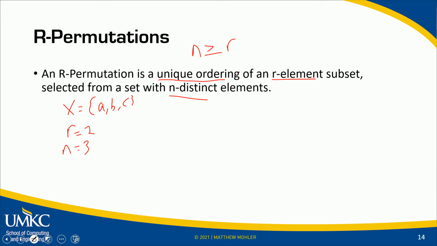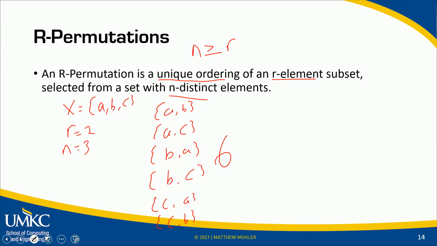And so in this case, the number of unique orderings of a 2-element subset of X is going to be A, then B, A, then C, B, then A, B, then C, C, then A, and then C, then B. So you'll notice that there are 6 total permutations available.